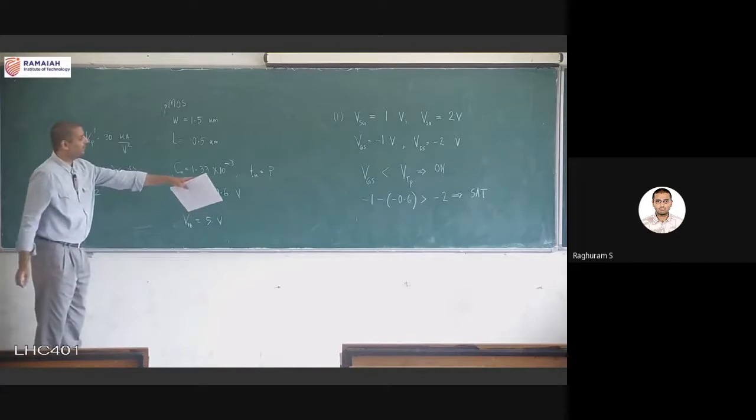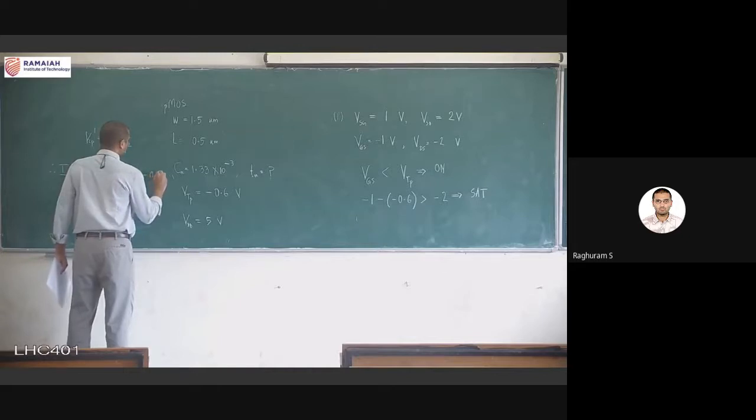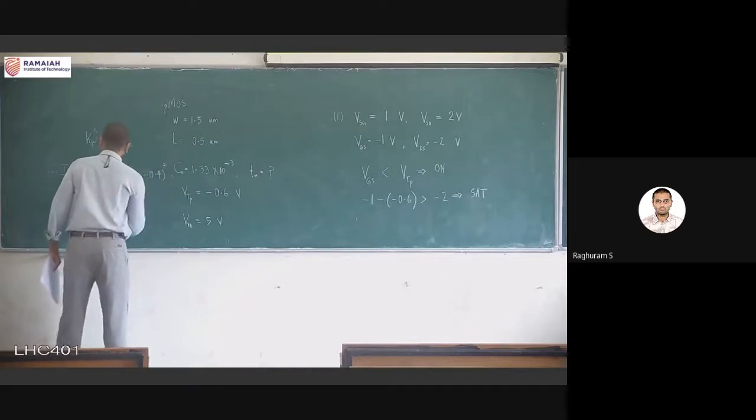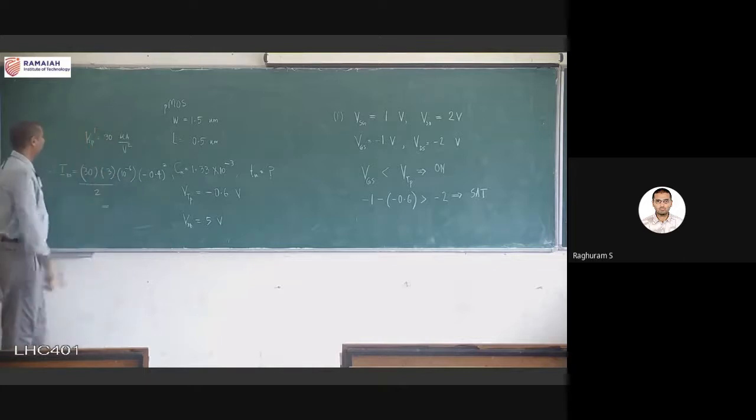So minus 1 minus of minus 0.6. So just finish the calculation, we'll get the value for current.